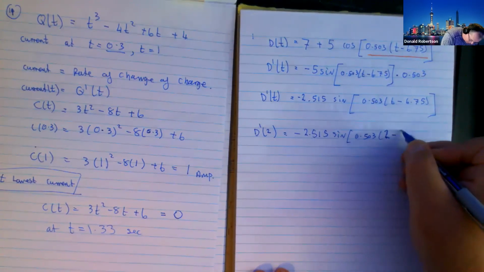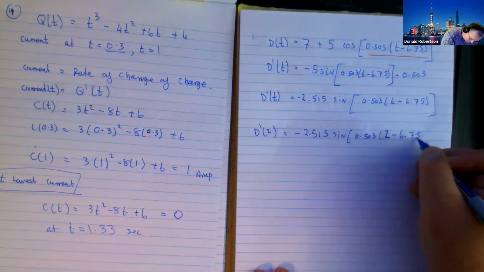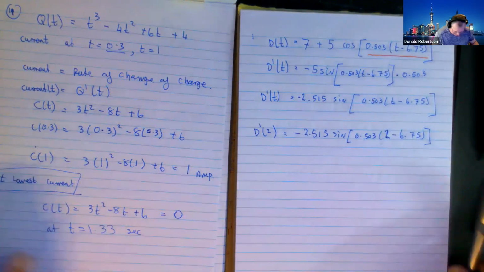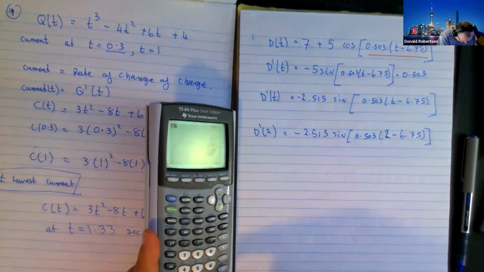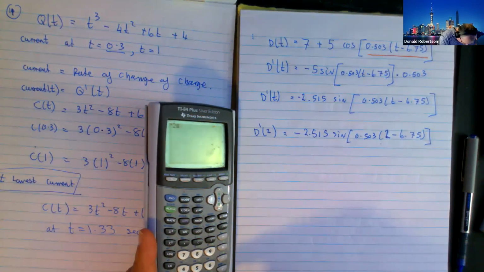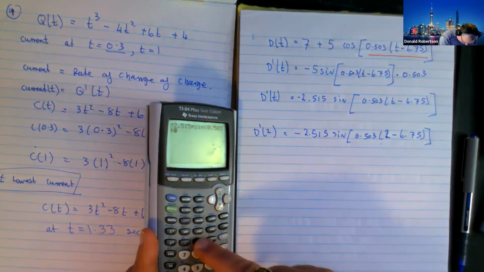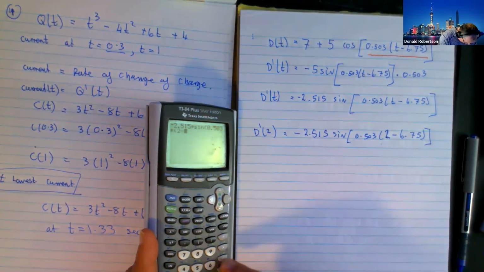So it's 2 takeaway 6.75. And here goes negative 2.515 times the sine of 0.503 times a bracket 2 takeaway 6.75.